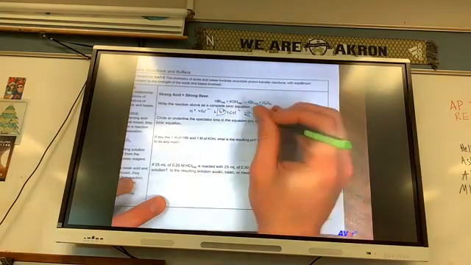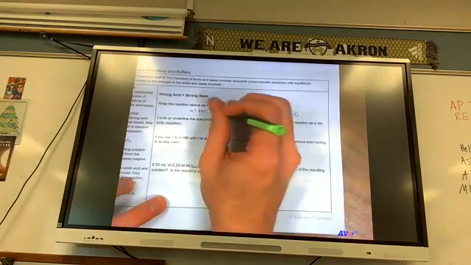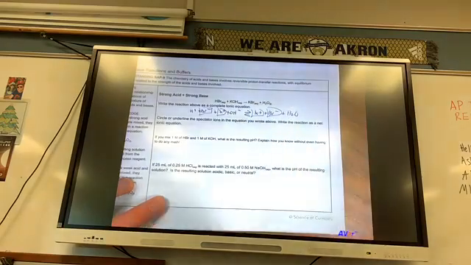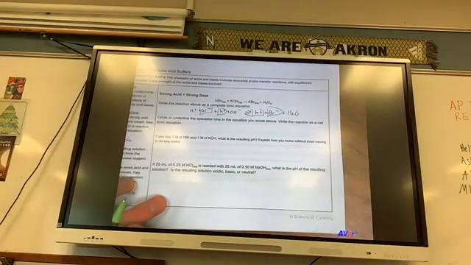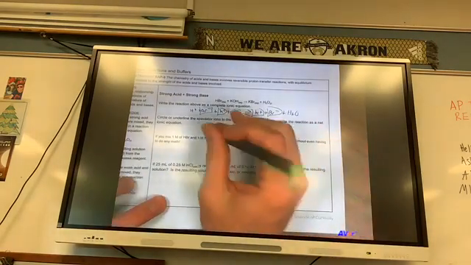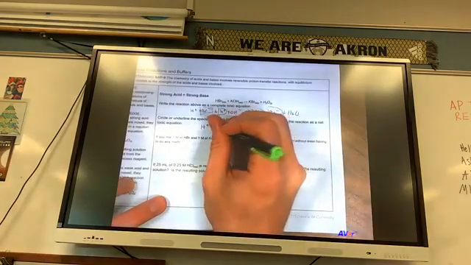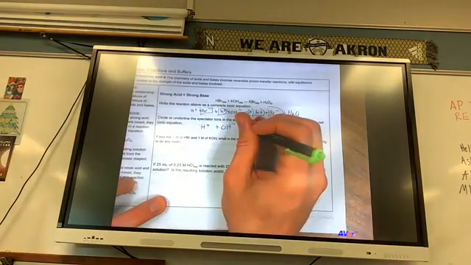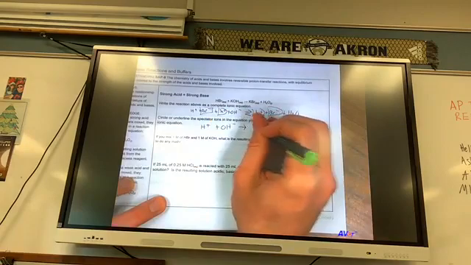We don't need states, correct? No. K is a spectator, Br is a spectator. And we know for a strong acid, strong base, the net ionic is always H plus plus OH minus yields H2O.